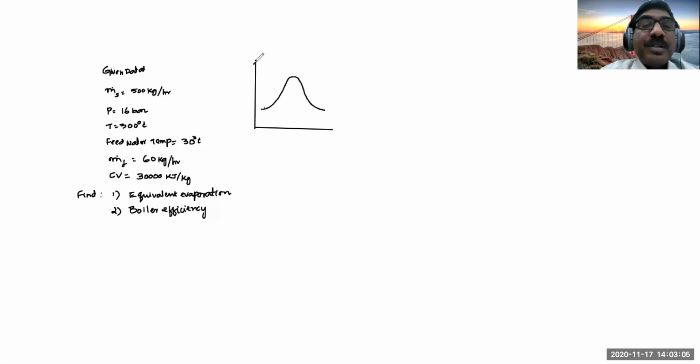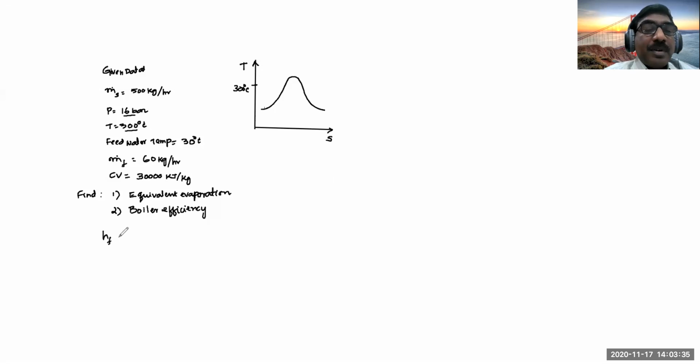This is temperature and entropy. So at temperature 300 degrees centigrade, the steam at 300 degrees centigrade and 16 bar, we need to get the enthalpy at this particular point. So this is the h_f, the final enthalpy of the steam.